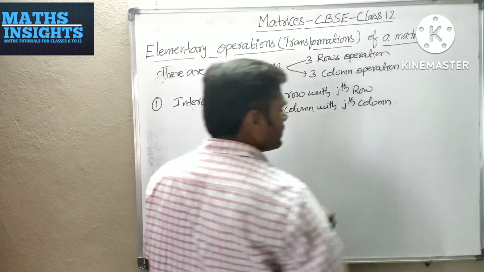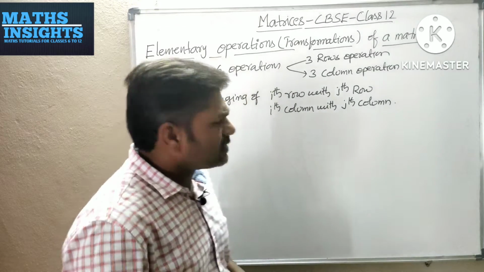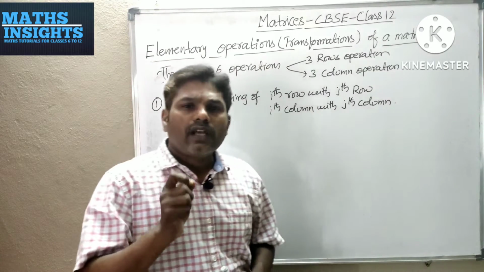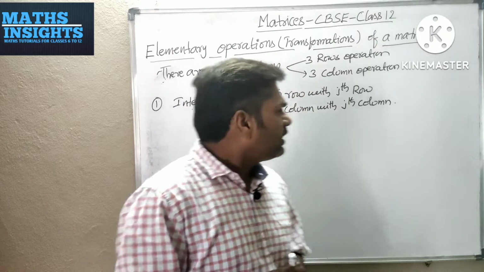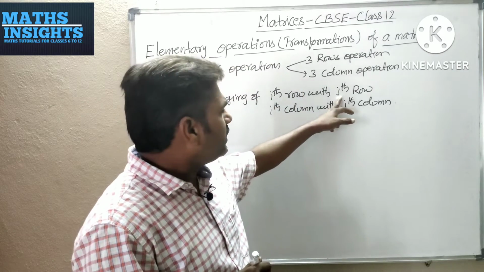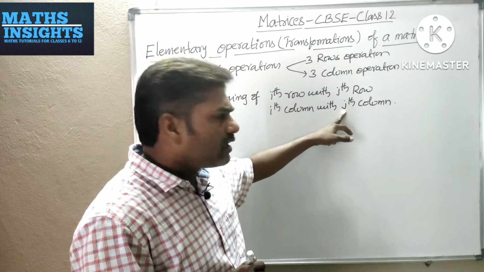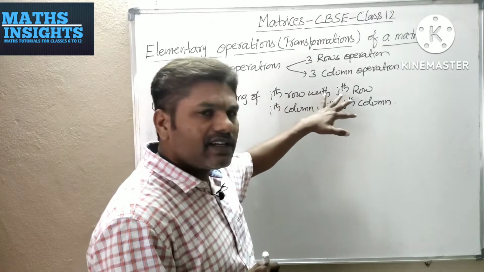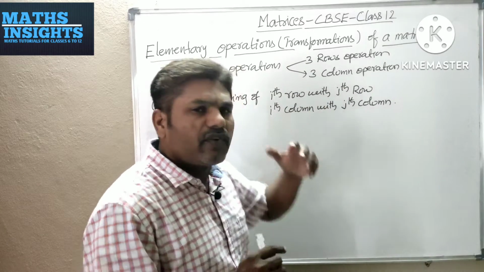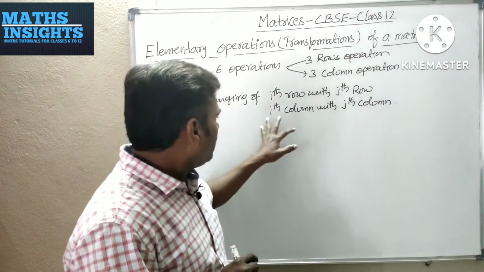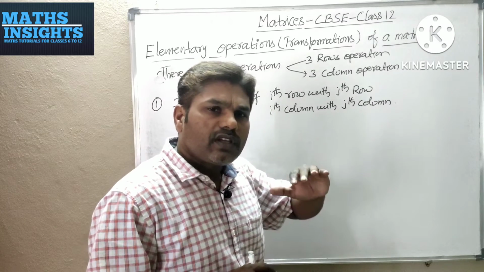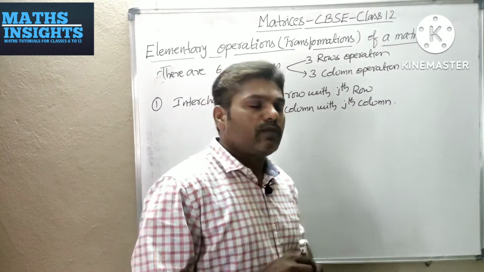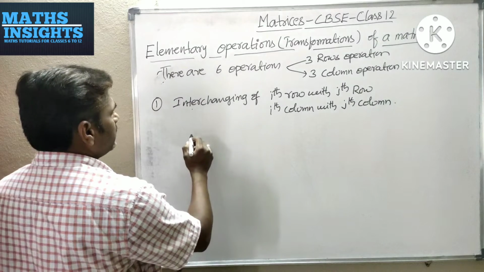Generally students use small j to denote the column number, but here j is not a column number. These i and j are used to differentiate 2 rows, and here i and j are used to differentiate 2 columns.